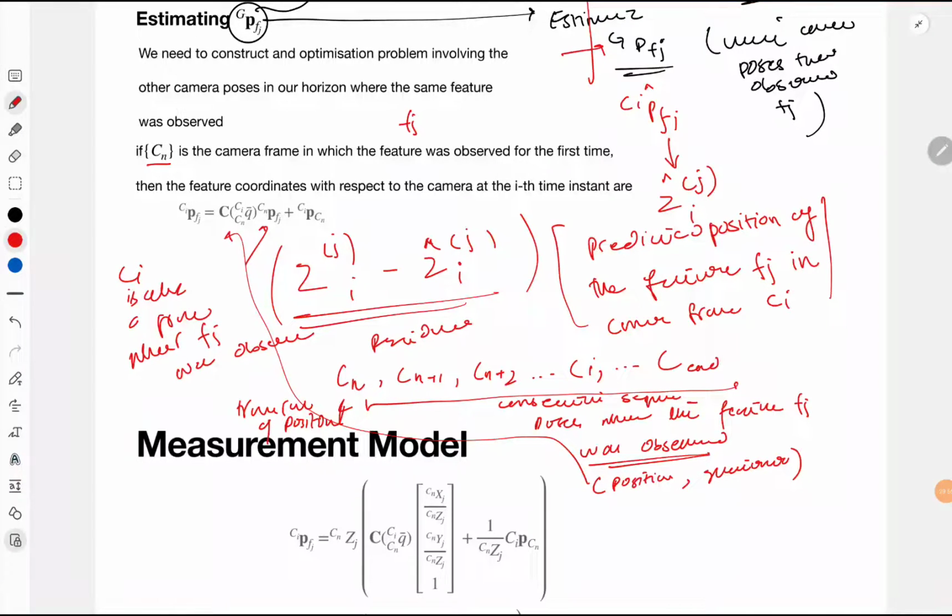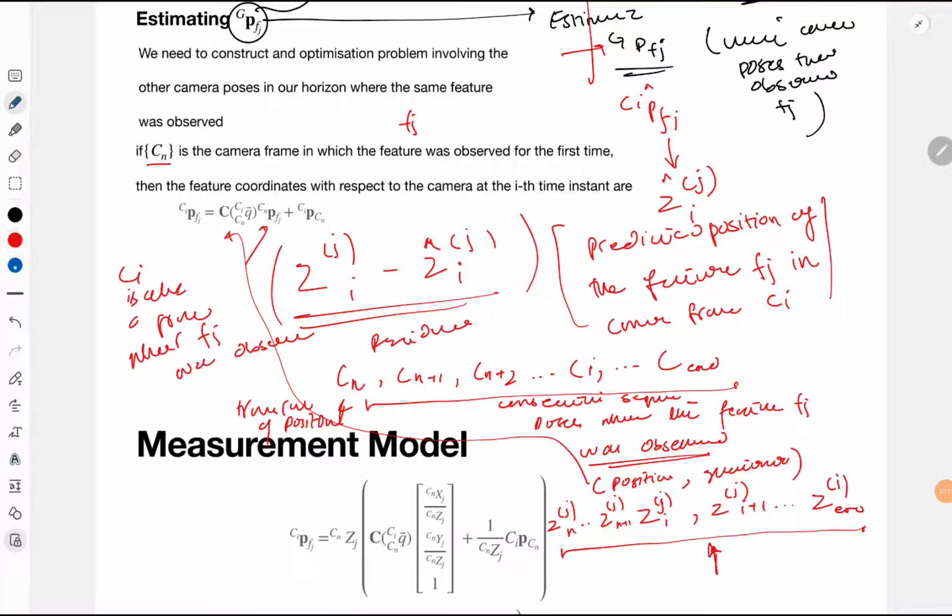And we also have their relevant measurement of fj. So we have zji, we have zji plus 1, we have zjn, zjn plus 1, and onwards to zjn. So in all of these poses, the feature fj was observed, therefore we have a measurement of the feature fj relevant to each of these poses.